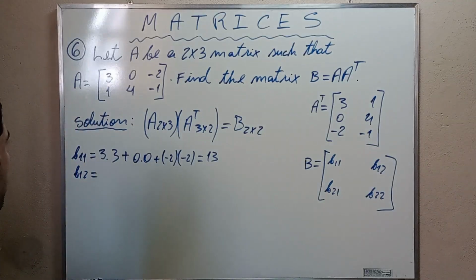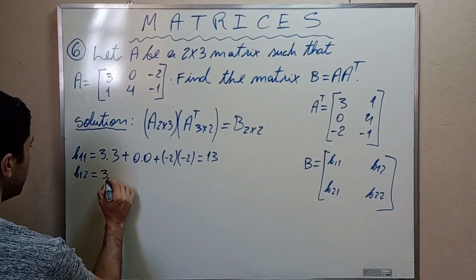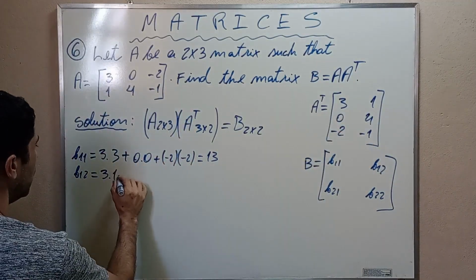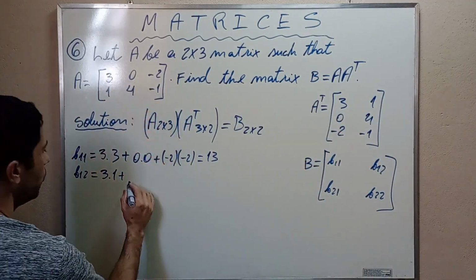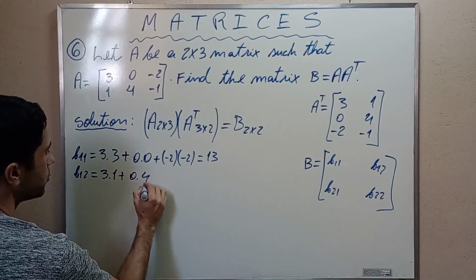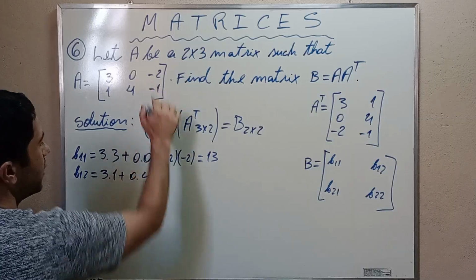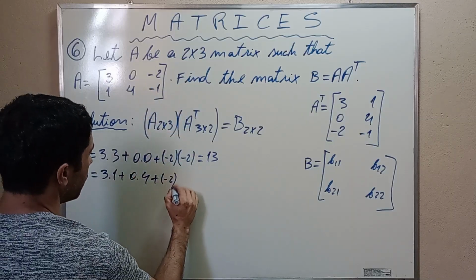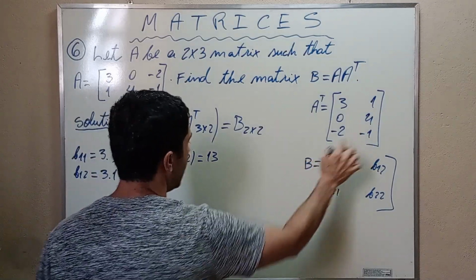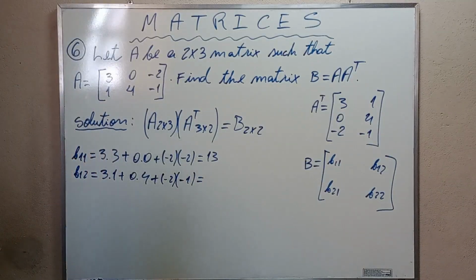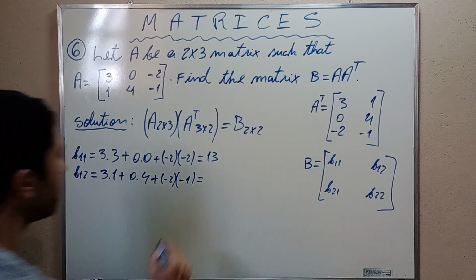Then it is going to be 3 times 1 plus 0 times 4 plus negative 2 times negative 1. And this is equal to 5.